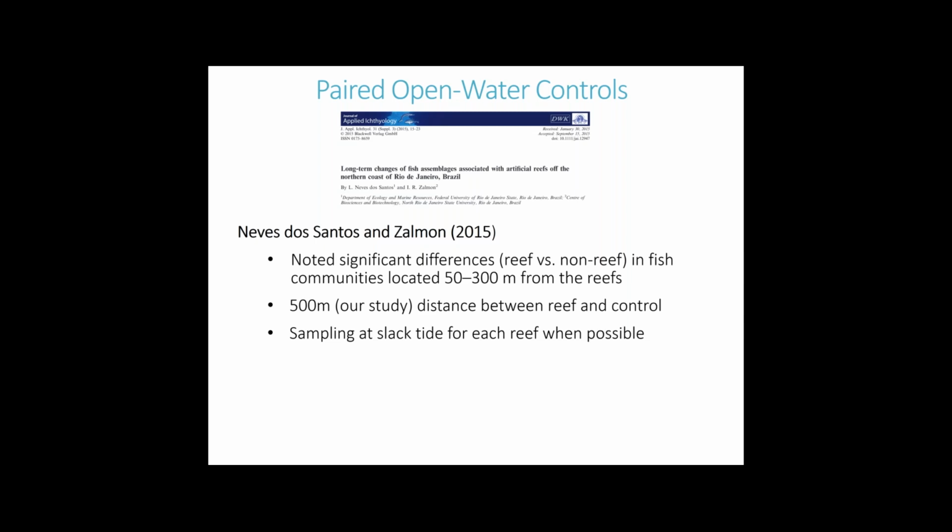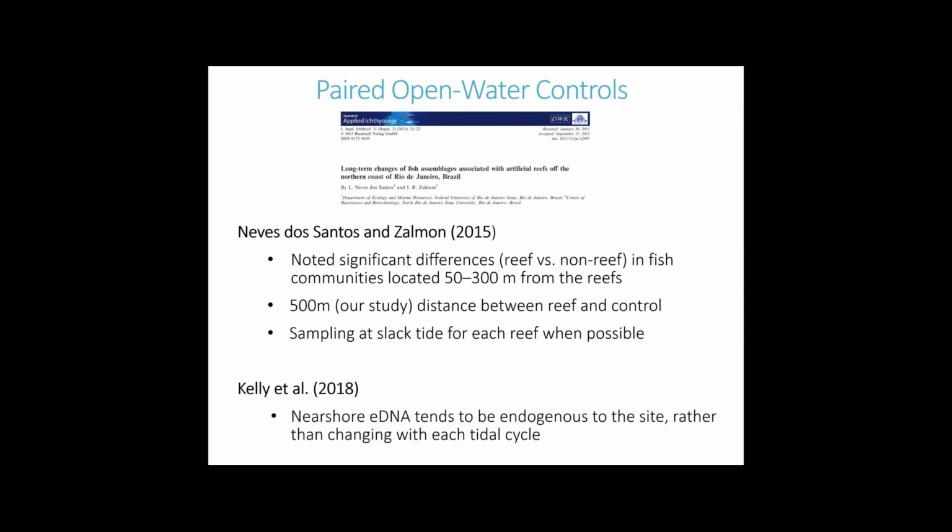Essentially what they found was that between 50 and 300 meters from a reef structure, the reef became no longer a reef type of community, and became a non-reef assemblage of fishes. So we expanded that and went out about 500 meters between our reef and control habitats. And we sampled at slack tide for each reef when possible.